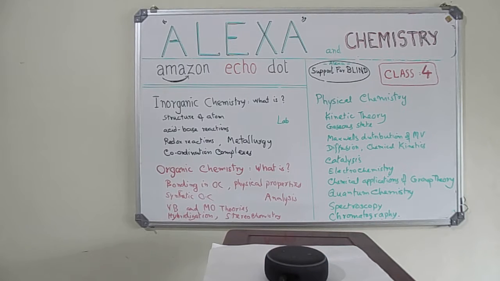Okay. Let us now go to physical chemistry. Define physical chemistry. Alexa, define physical chemistry. Physical chemistry is usually defined as the branch of chemistry dealing with the relations between the physical properties of substances and their chemical composition and transformations.